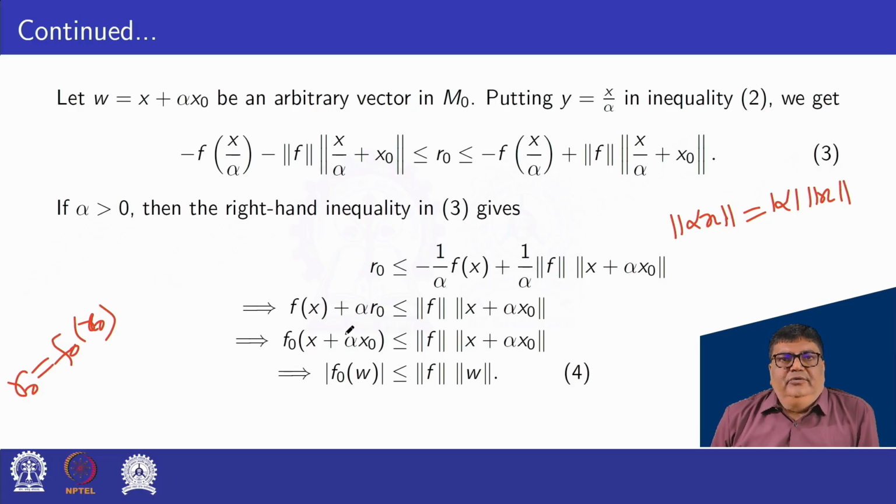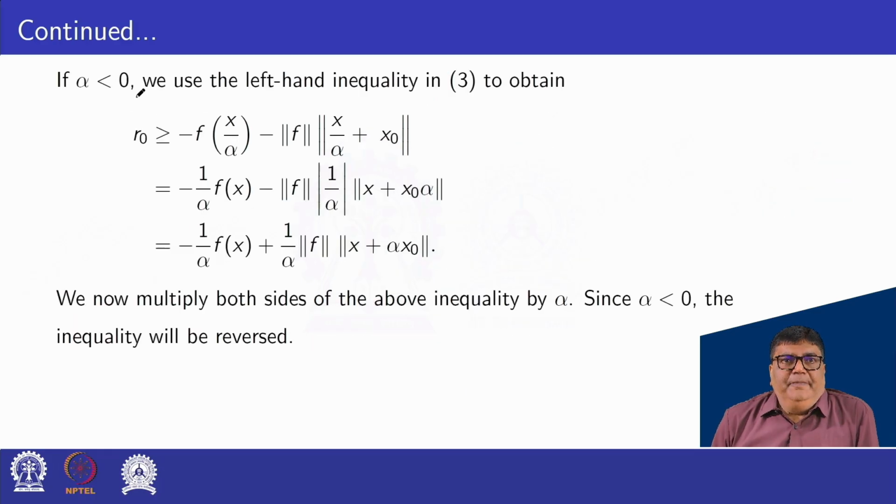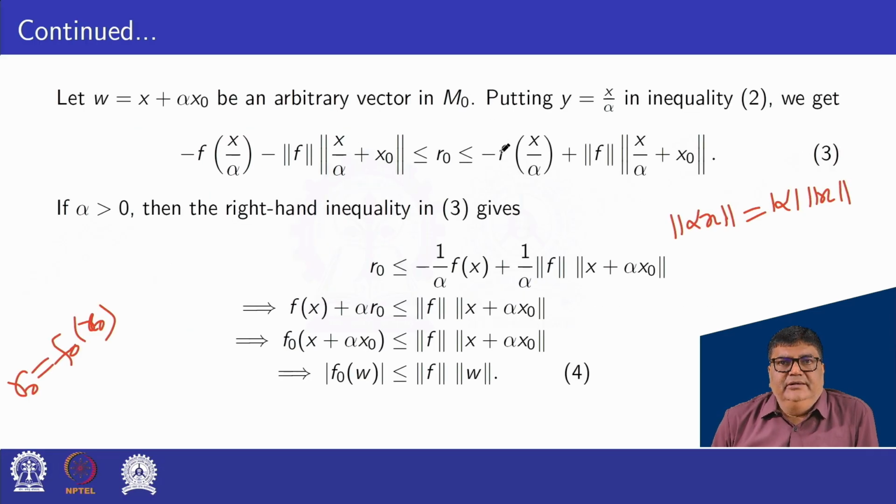So x plus alpha x0 is w. So this can be written as mod f0 w less or equal to norm f into norm w. Okay, equation 4.